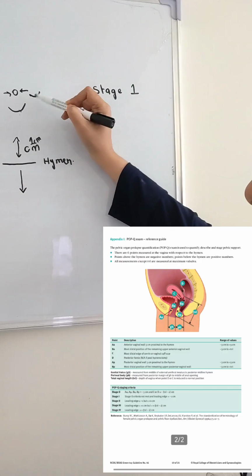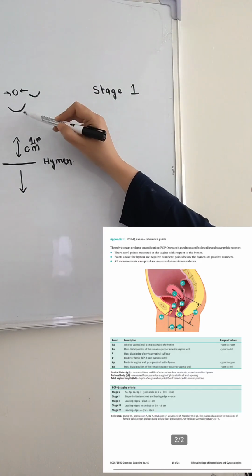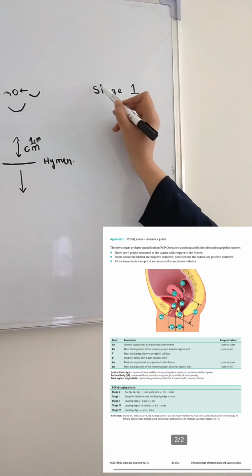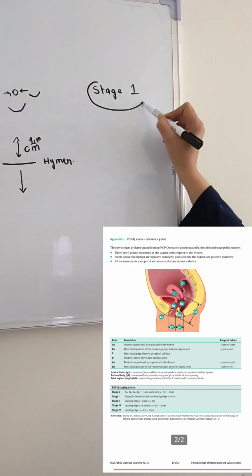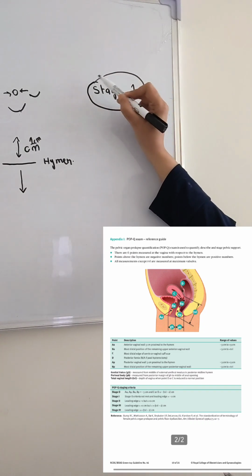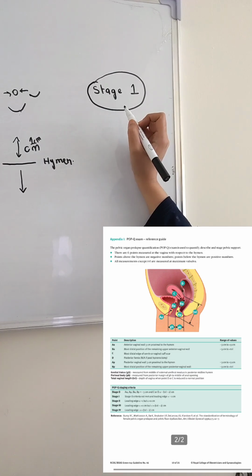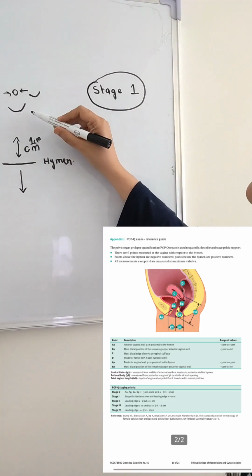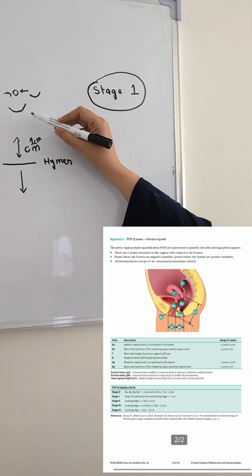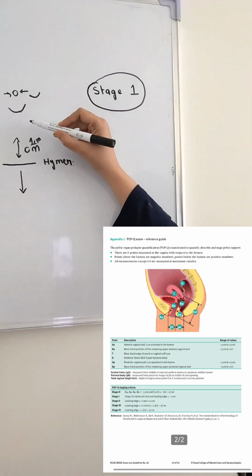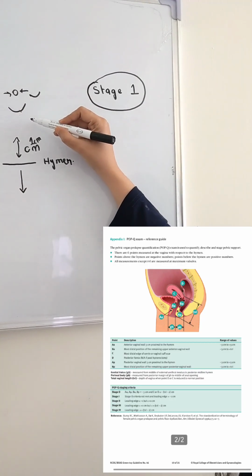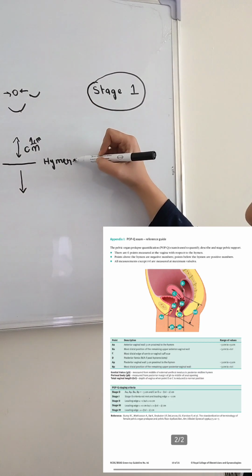It should be here, but it is descended, but is still above the 1 centimeter. Now we classify it as per POPQ as stage 1 prolapse, because it is still above the 1 centimeter above the hymen. It is descended, but it is still above the 1 centimeter from the hymen.